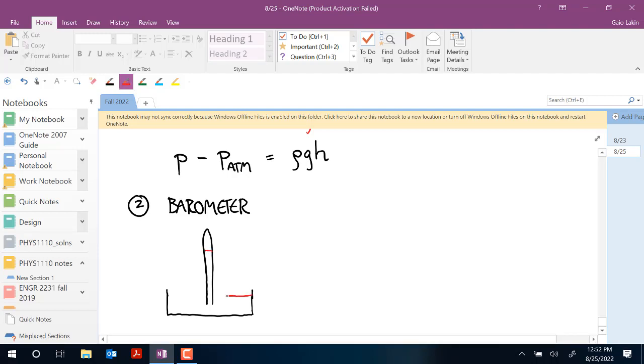You have a liquid inside, sitting in the tray and keeping air from going directly into the column. So this is your liquid with density rho.